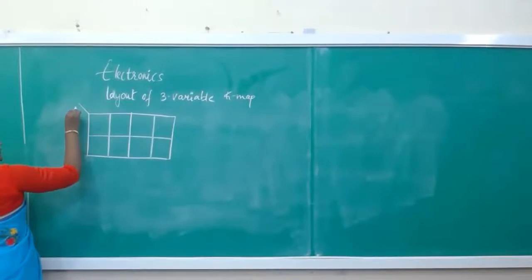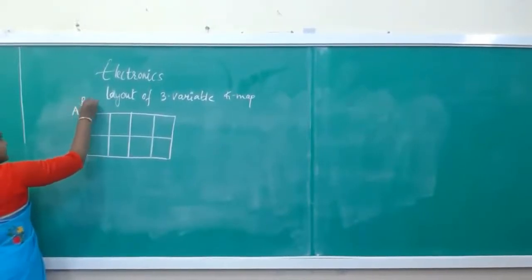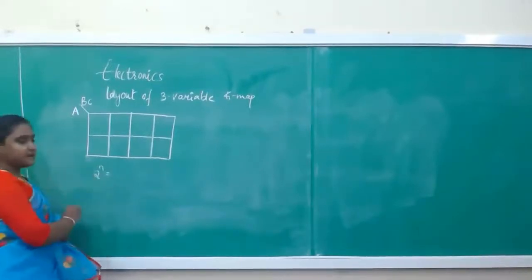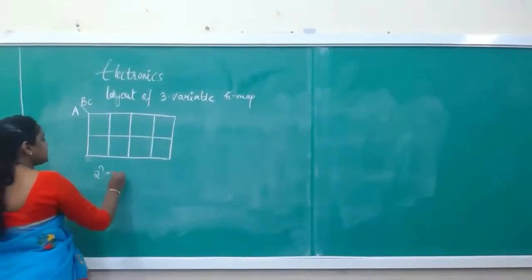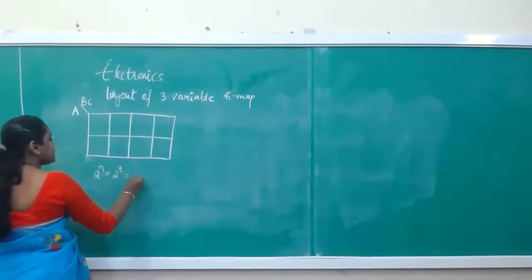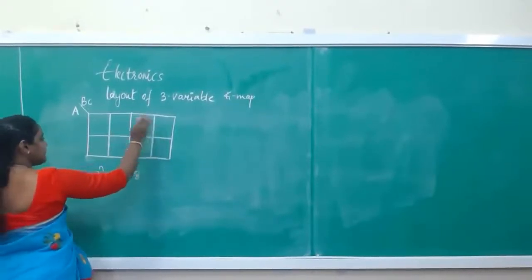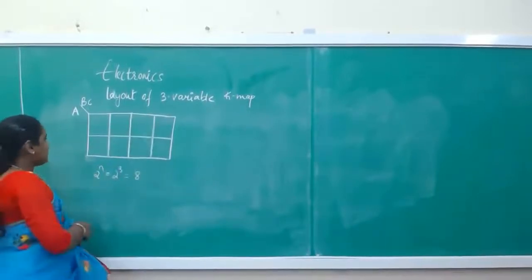This is variable A, and beside it the combinations of B and C. As I told you, the total number of cells depends on the number of variables n. Here the number of variables is 3, so 2 to the power of 3 makes a total of 8 cells: 1, 2, 3, 4, 5, 6, 7 and 8 cells are there.